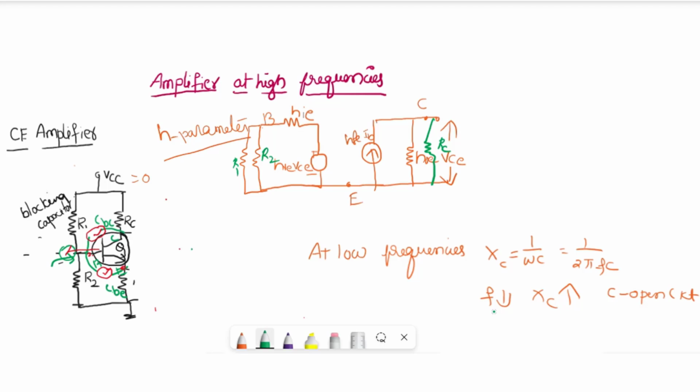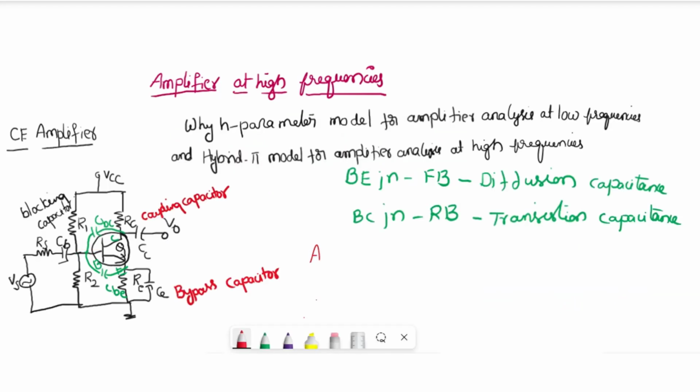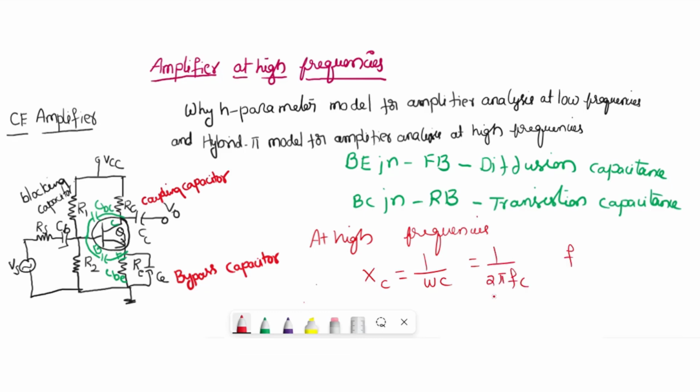Let me explain the same amplifier circuit at high frequencies. At high frequencies, the reactance of the capacitor, Xc, that is 1 by omega C, that is equal to 1 by 2 pi Fc, becomes low because frequency is high.